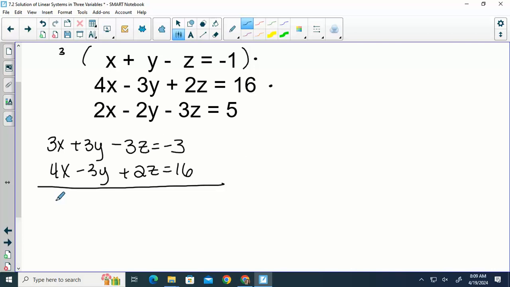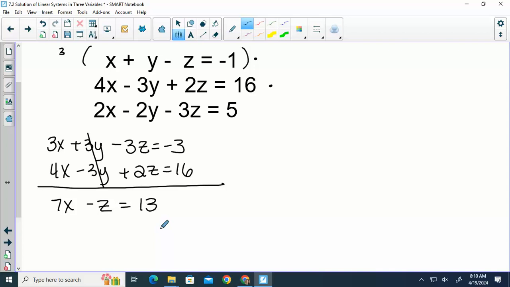So then I get 7x minus z equals 13. Solve for z. Okay, we can get the z by itself, but we're definitely not going to have just a number answer, are we? No.